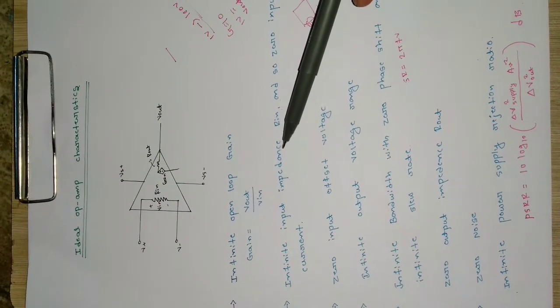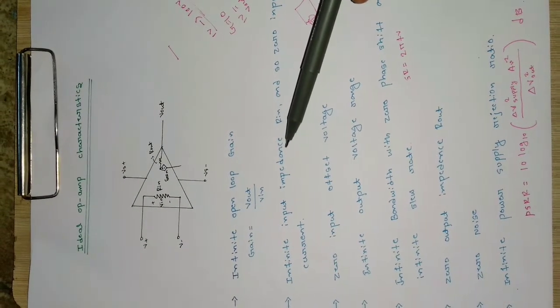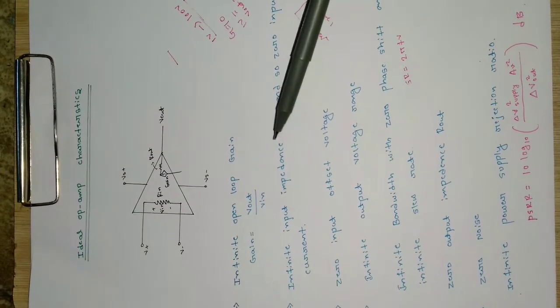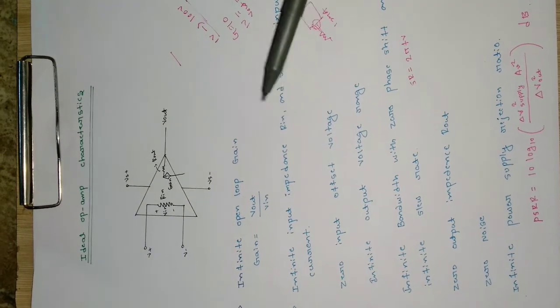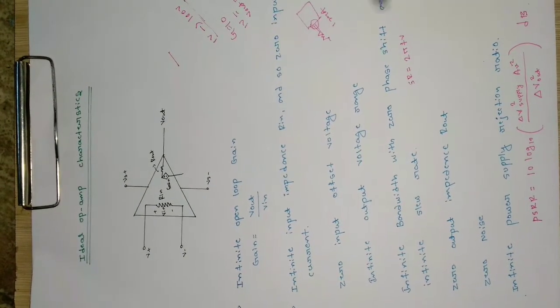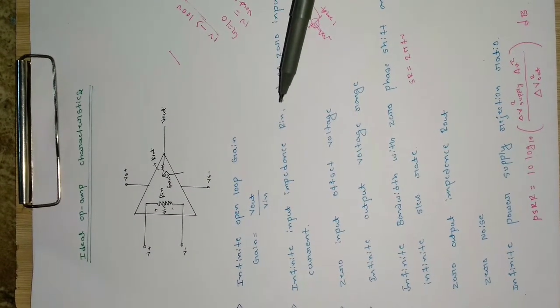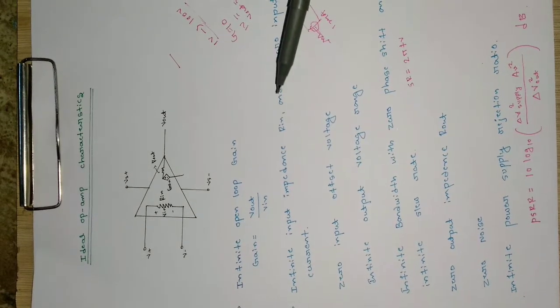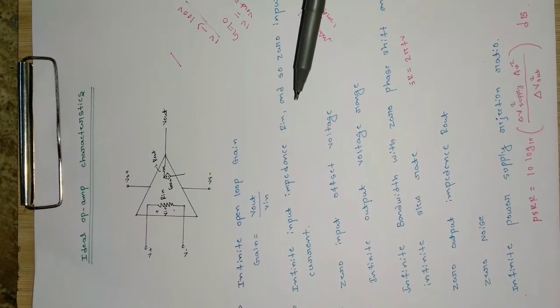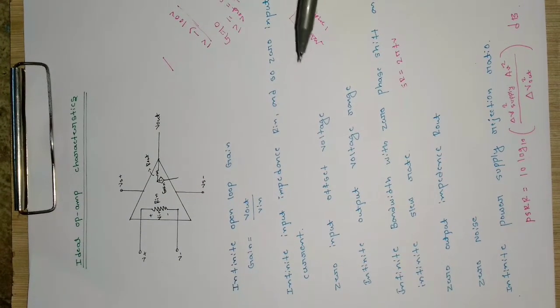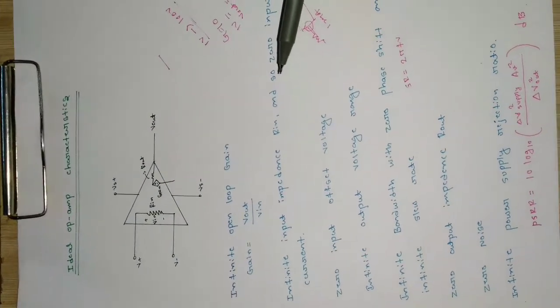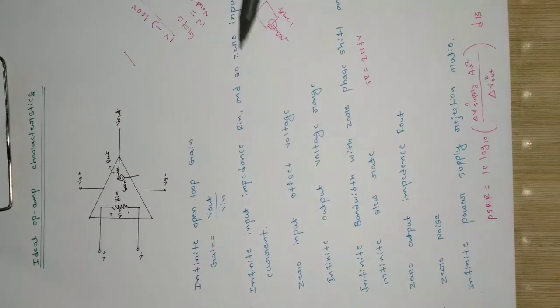If it is in AC, then we call it impedance. The input resistance of any device should be very high so that it takes only low power and the power is saved. So infinite input impedance means very high input impedance, so that it consumes less power. And zero input current, so the current drawn should be zero. So this is the second.